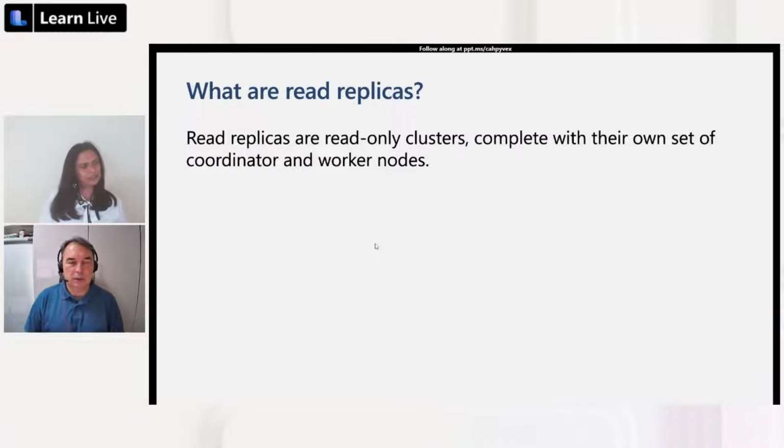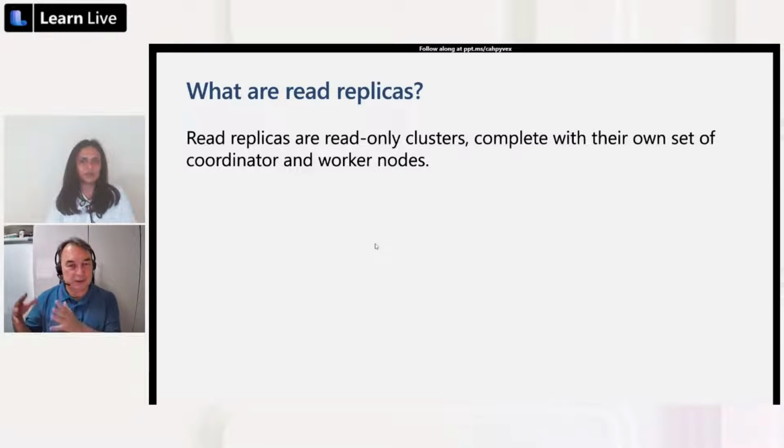So the size and the configuration of the new replica server is inherited from the original server, which means it will have the exact same number of nodes, the same configuration, the same everything. However, there's a couple of things that are not necessarily identical.